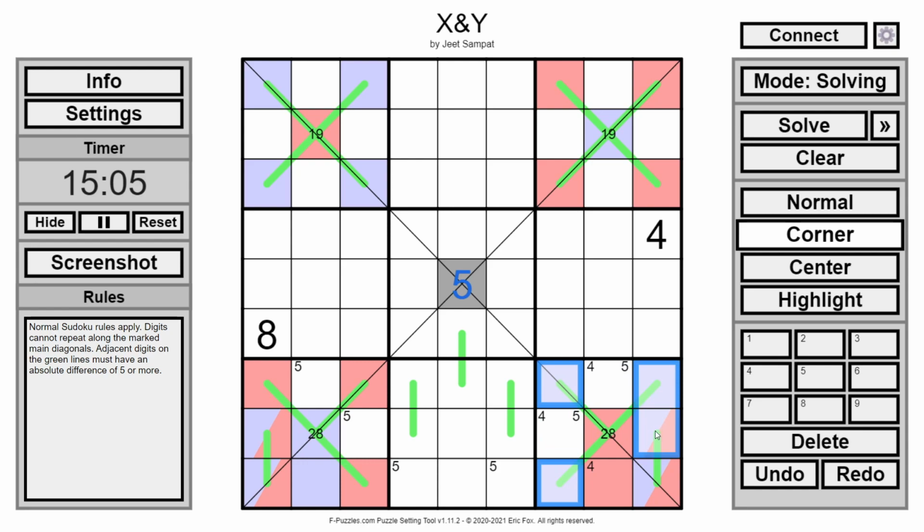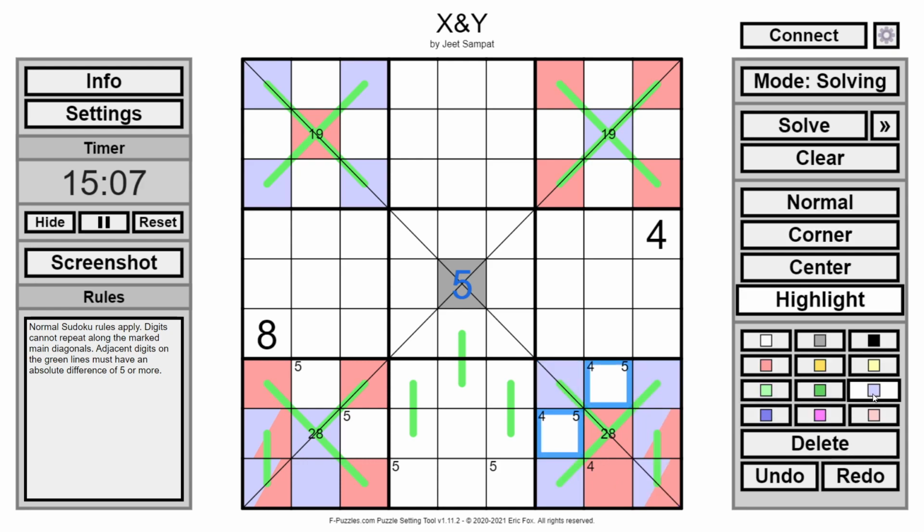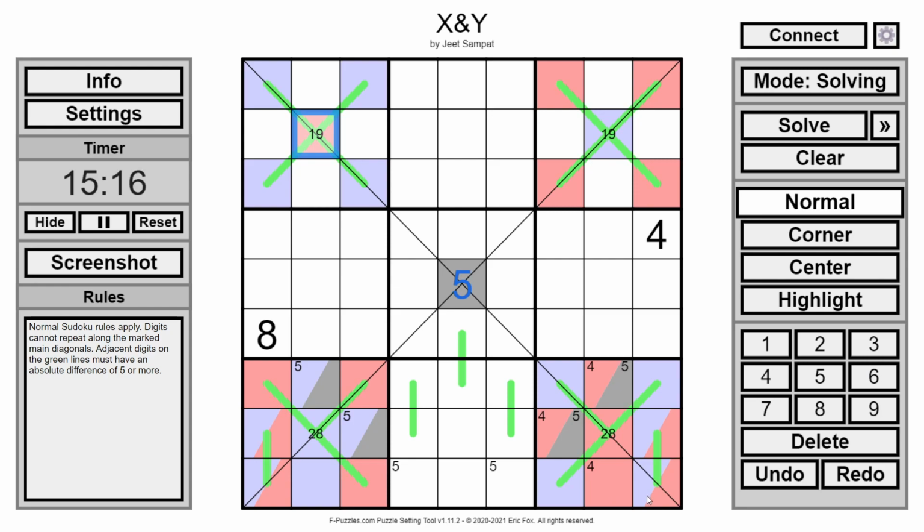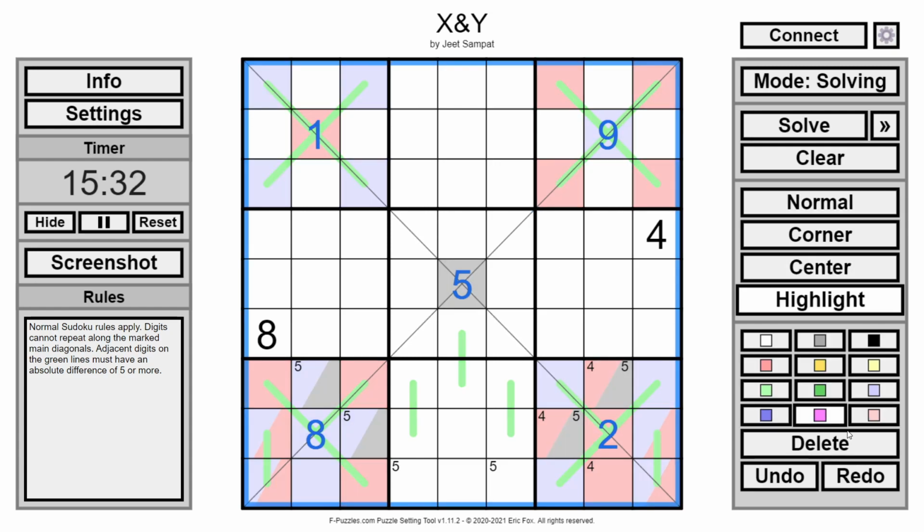We've placed all the blues, so these last 2 remaining ones are pink/gray, and these are blue/gray. So that means that pink must be low digits. I'm just going to make this a 1, this a 2, and this a 9, and this an 8. And just for sanity's sake, I'm going to swap the colors around because I like thinking about low digits being blue and high digits being pink.